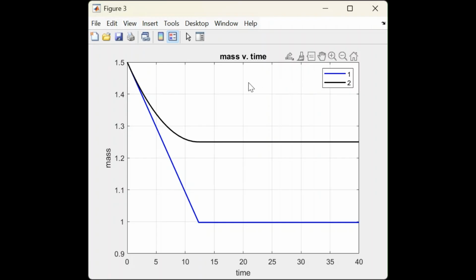We actually don't use all of our propellant, and we're down to about 1.25 kilograms. So definitely less efficient, and you'll see this in the velocity and altitude plots. So let's bounce over to those next.